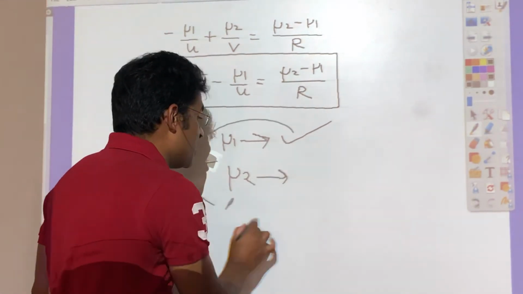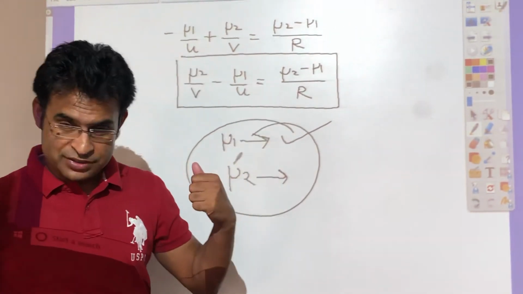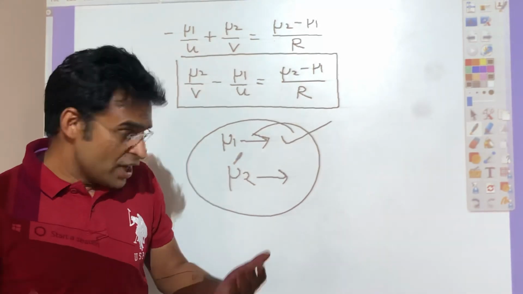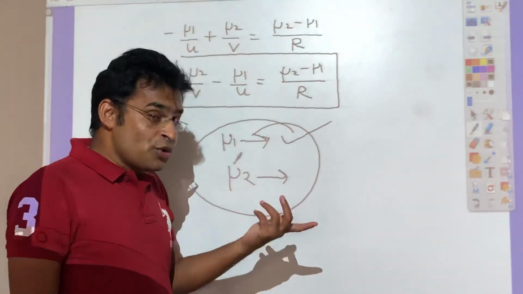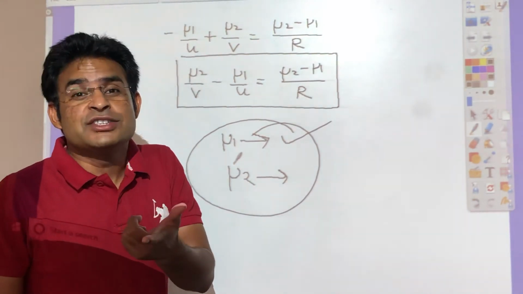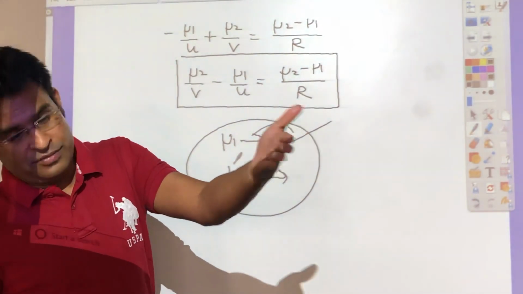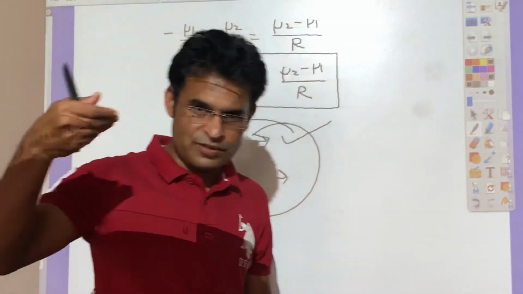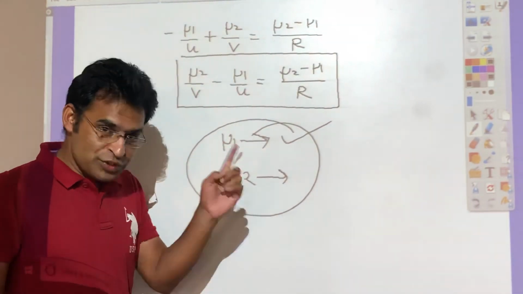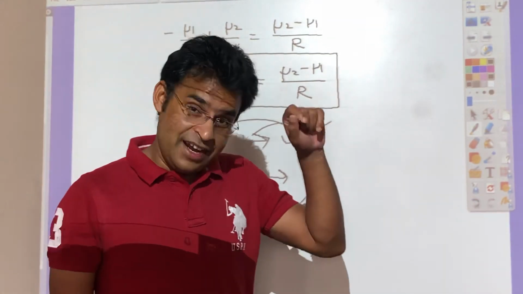So remember, mu1 is the medium from where the light ray is coming, and mu2 is the medium where the light ray enters.